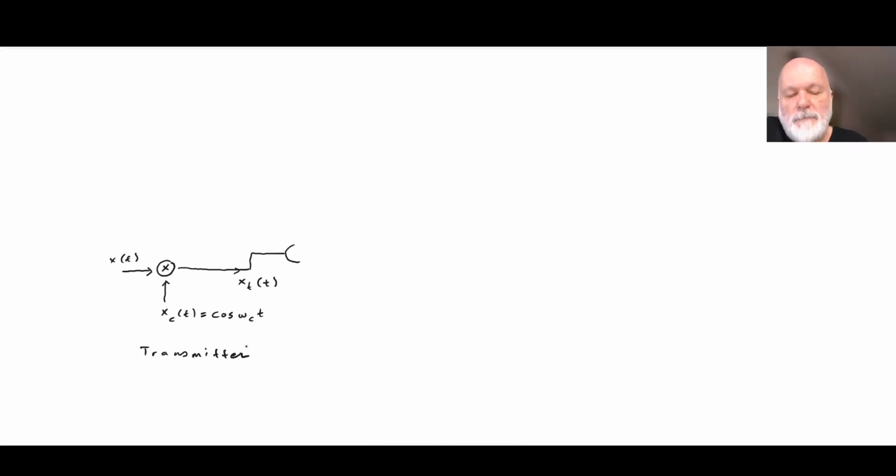Okay, so the transmitted signal is launched as an electromagnetic wave, and this electromagnetic wave on the receiver side is received by the receiver antenna. So we have the received signal xr of t.